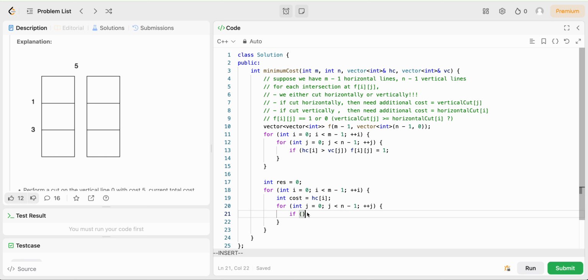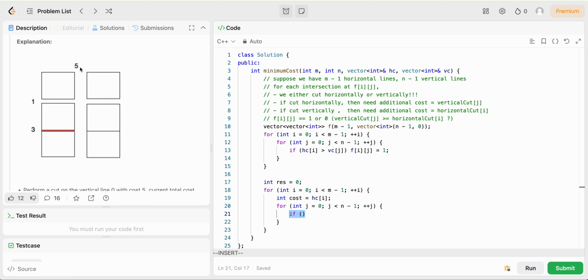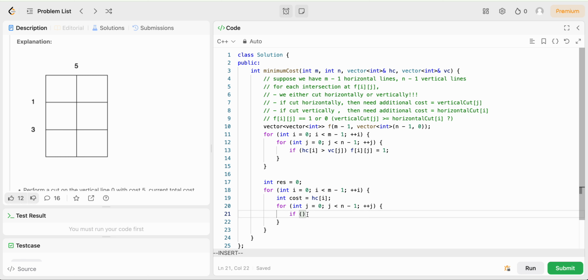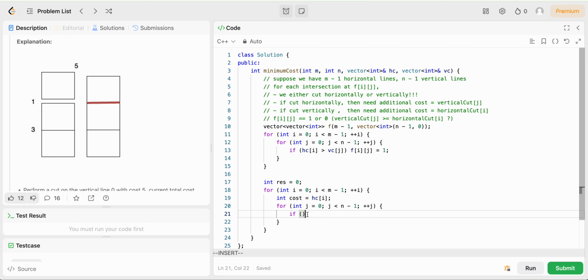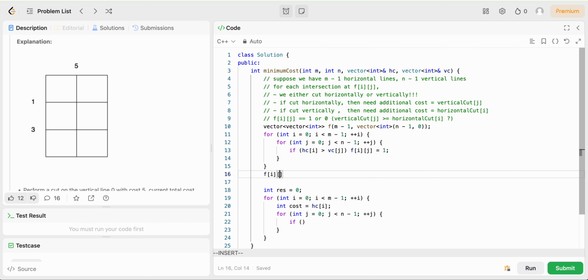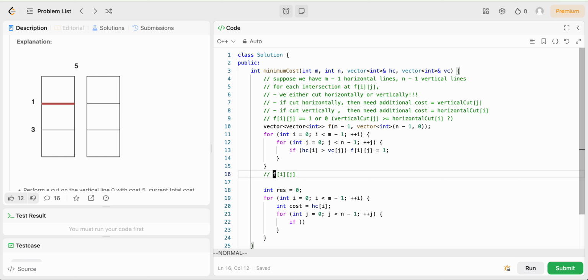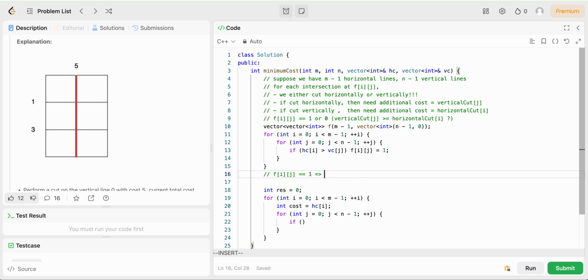This is to check whether this position is cutting horizontally first or vertically first. If this is vertical first, then we need to add another HC i for this cost. So f i j, if it is 1, what does it mean? It means we'll go horizontal first.